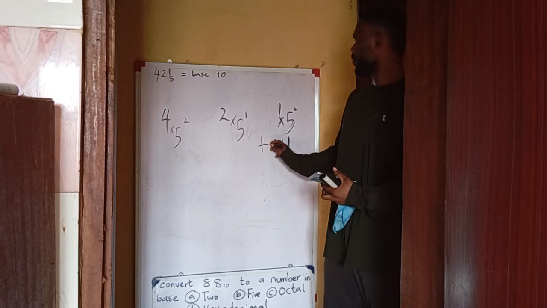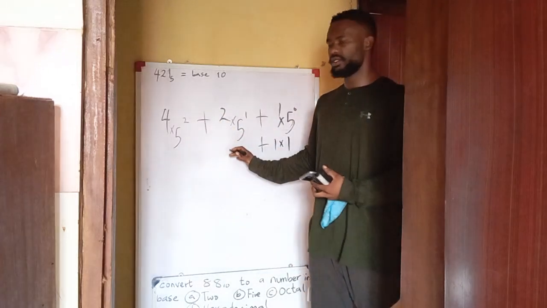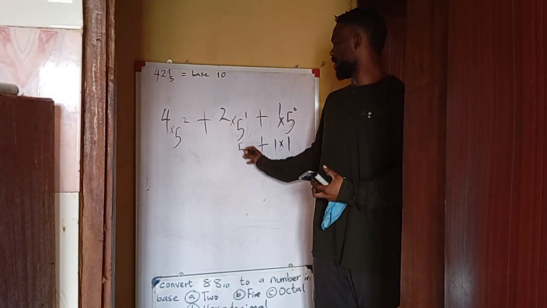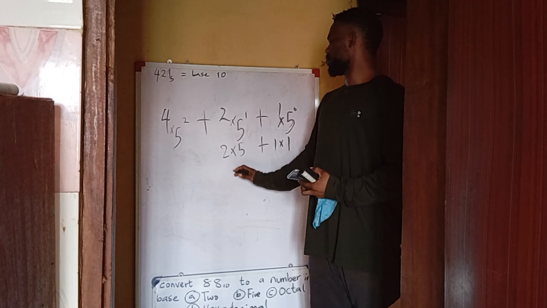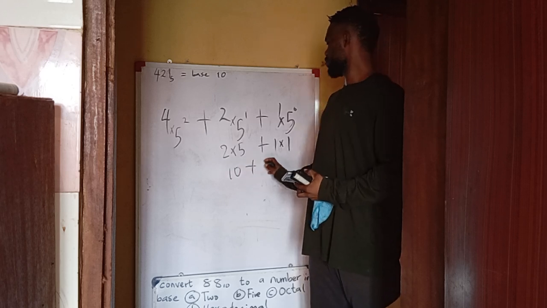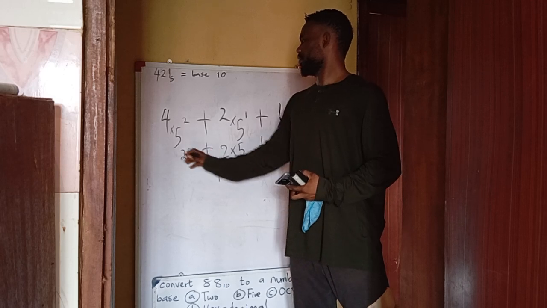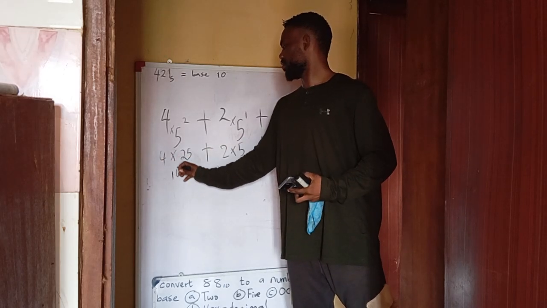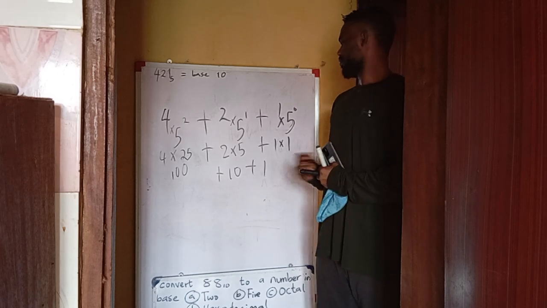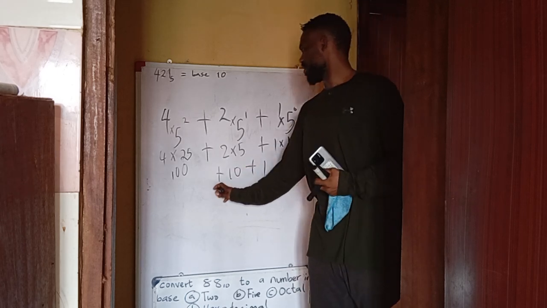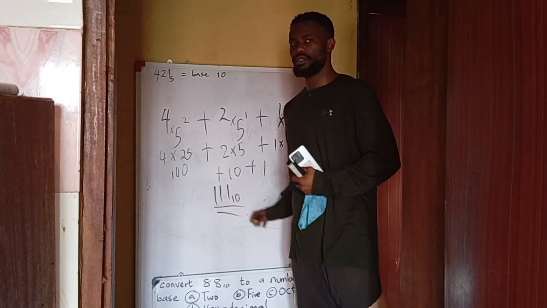Plus 5 raised to power 1 is 5, and 5 times 2 is 10. Plus 5 squared is 25, times 4 is 100. So you have 100 plus 10 plus 1, which is 111 in base 10. That is your answer.